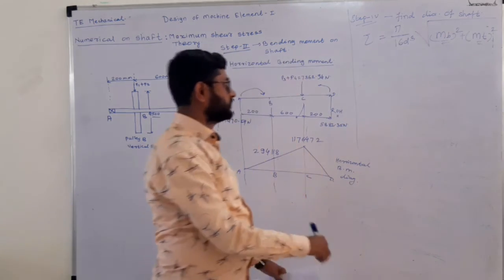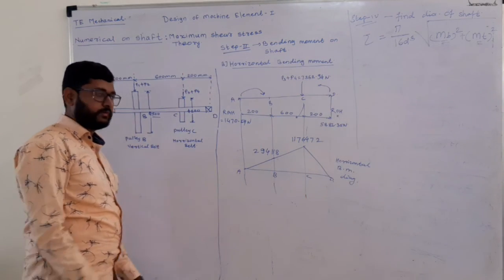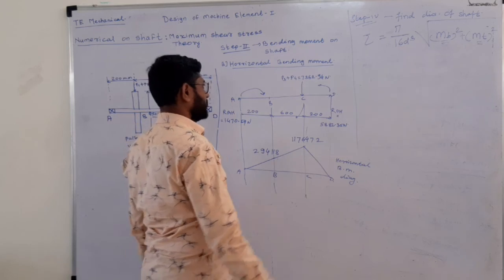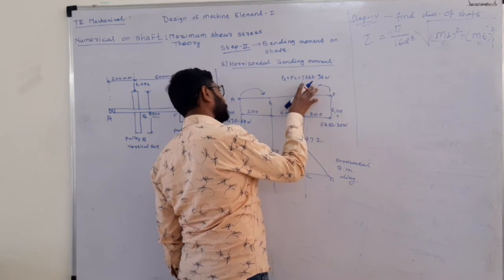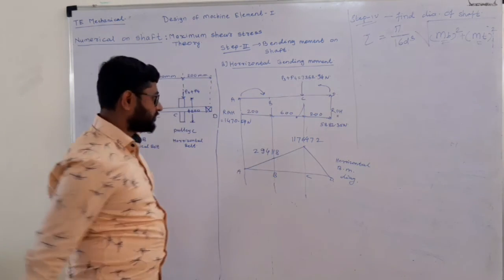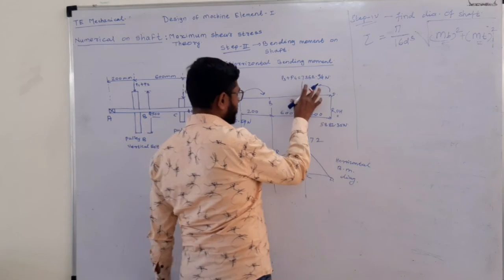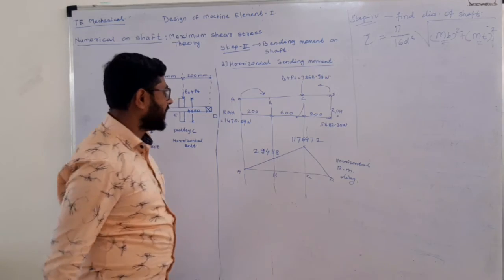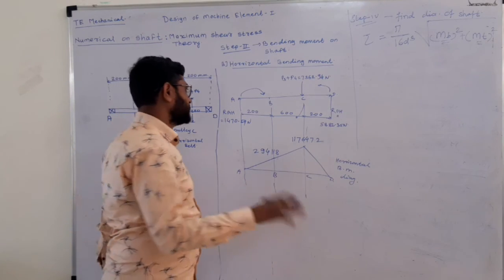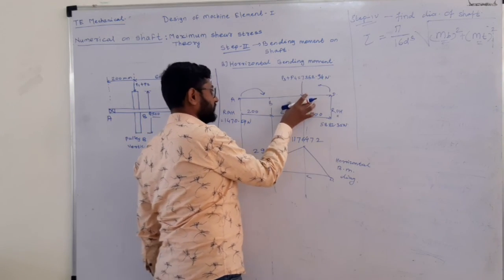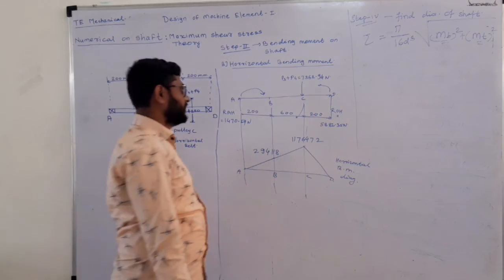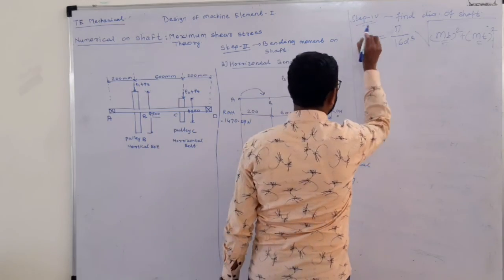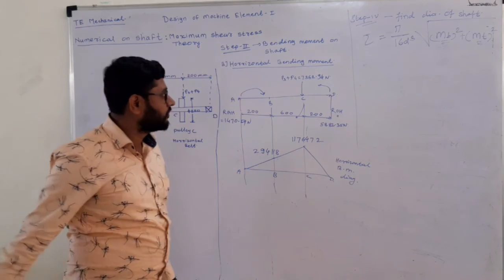Bending moment and torsional moment. We have already calculated the value of bending moment. It is maximum at pulley C, that is bending moment at point C is maximum, and here we have to consider the maximum bending moment because on the pulley C maximum stress is acting, and we have already calculated the value of torsional moment.